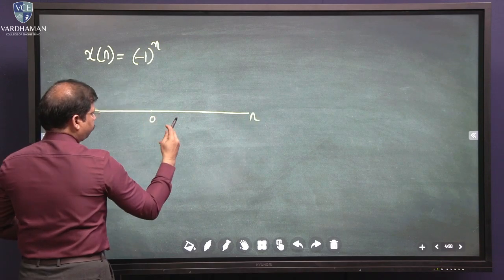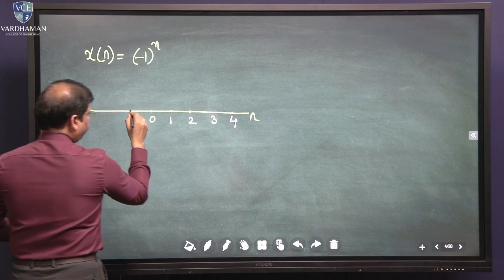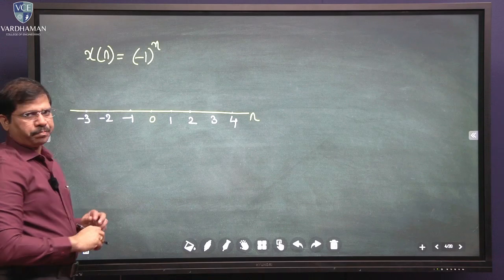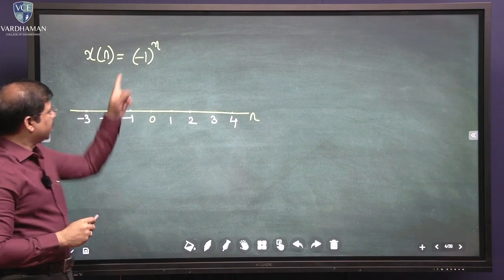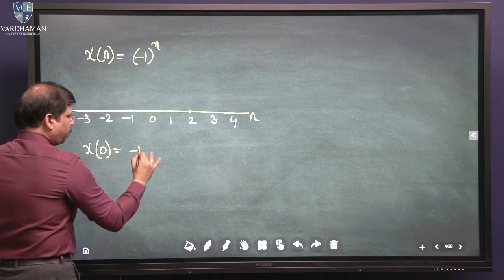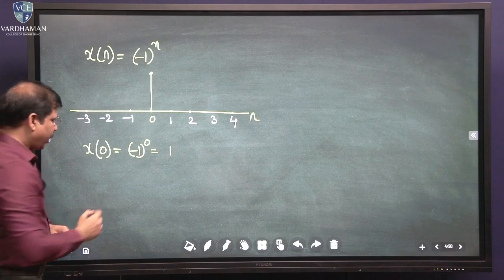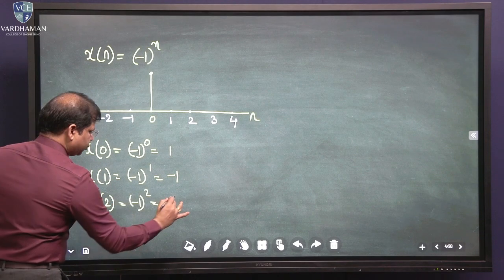This is 0, 1, 2, 3, 4, minus 1, minus 2, minus 3. Now if I substitute n equal to 0 there, what do I get? Minus 1 whole power 0 gives me 1. Now n equal to 1 gives minus 1, n equal to 2 gives 1.